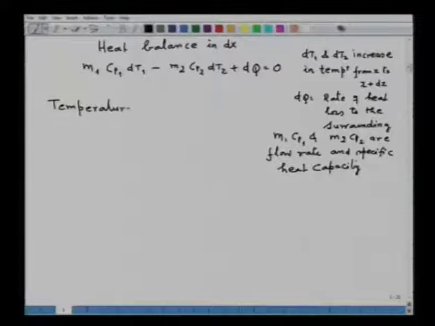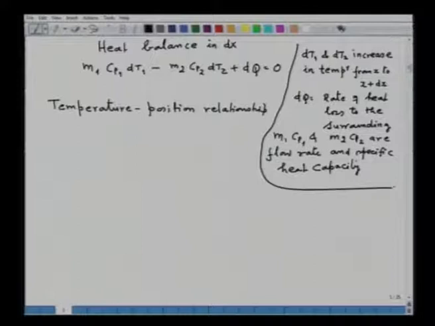Now, as the fluid is flowing, let us first consider the temperature-position relationship as the fluid is flowing from one location to another location in the exchanger.